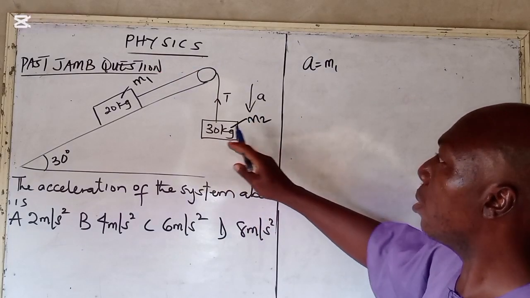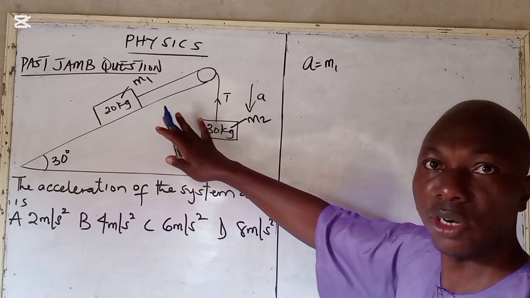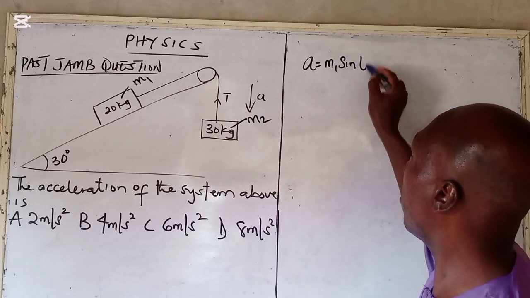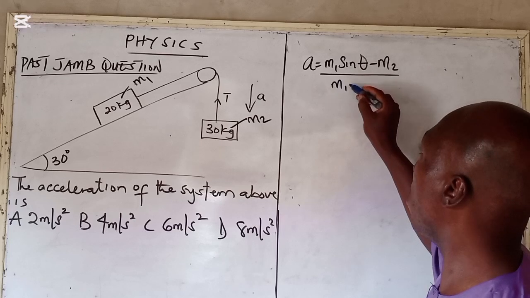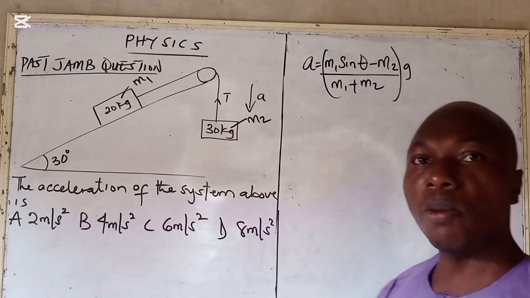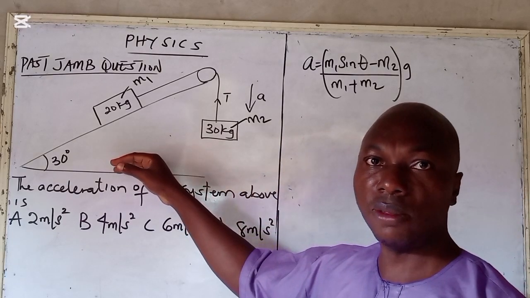So if I call the masses as requested, a = (m1 sine theta minus m2) over (m1 plus m2) times g. So this is the formula I came up with for resolving this body.